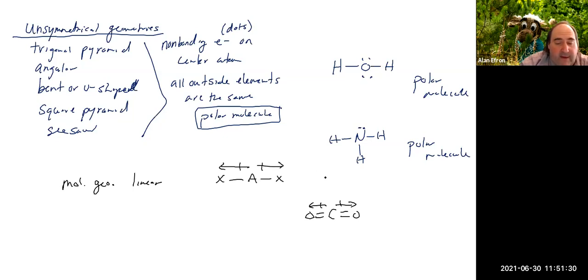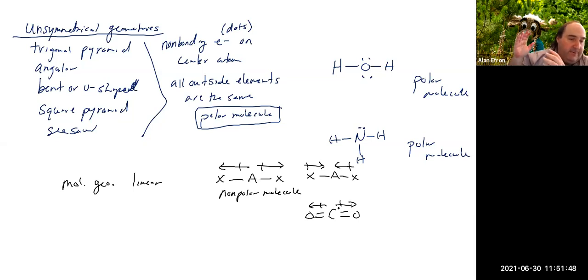Even if you have a linear case where you have polar bonds heading right at each other, this is going to result in a nonpolar molecule like it did with our CO2. Again, heading right at each other is like my door example. Two people on opposite sides of the door pushing equally. Door is really not going to move anywhere. They're going to cancel each other out.